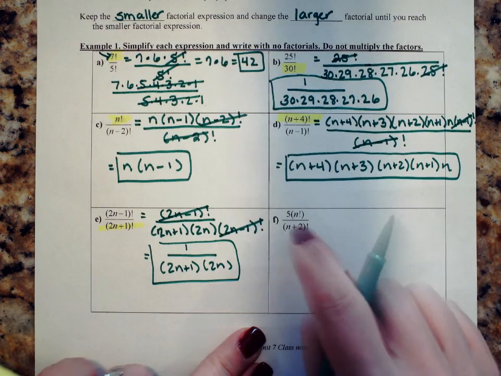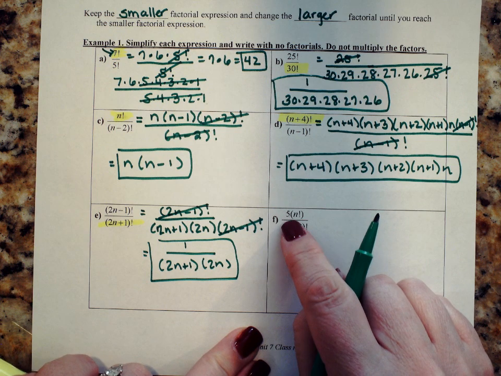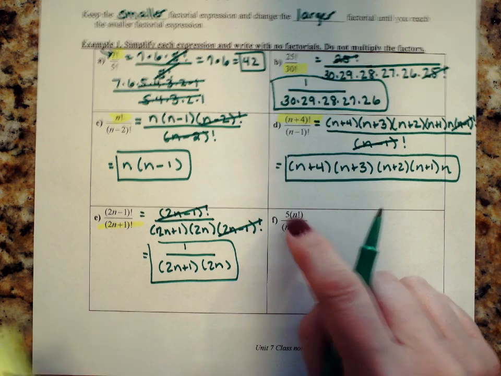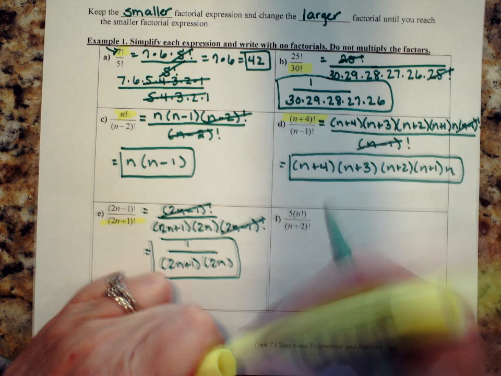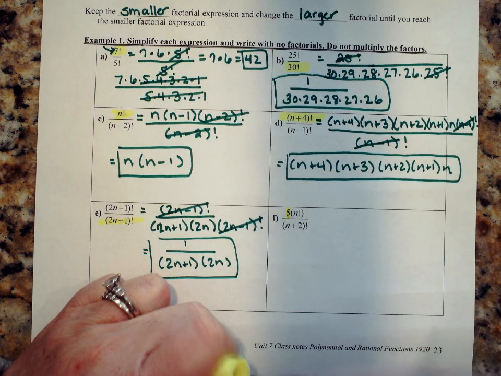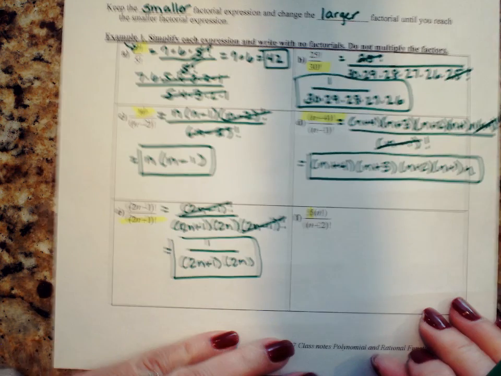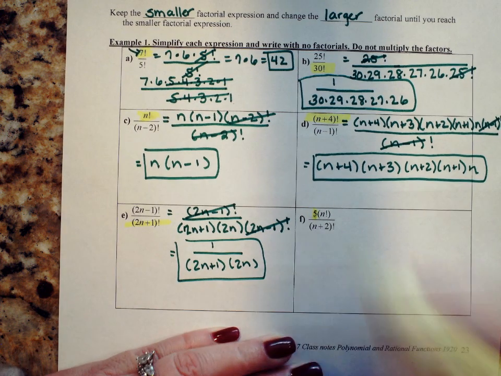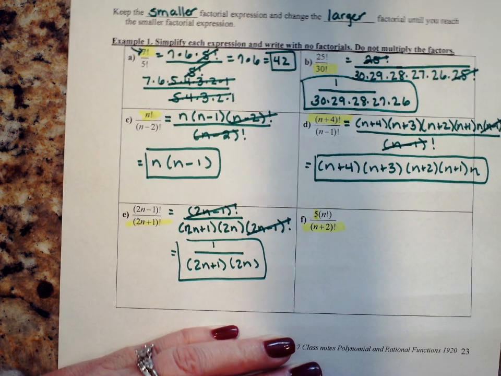Now you want to be careful about coefficients to see if they're part of the factorial or not. Notice in letter F, 5 is not a part of the factorial. 5 is not a coefficient of the n factorial. So the larger factorial is the n plus 2 factorial.